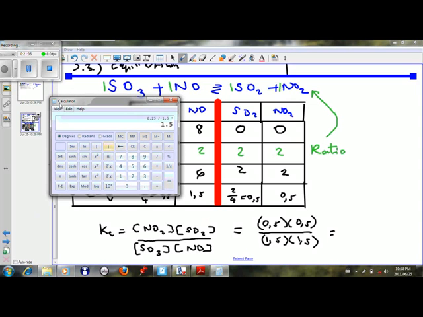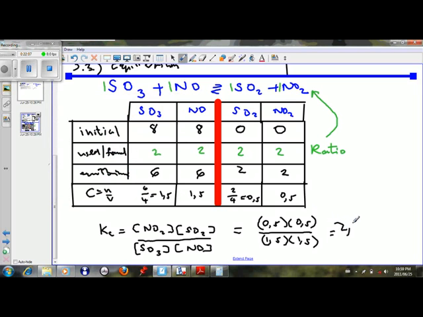Just looking at the calculator again, 0,5 multiplied by 0,5 divided by 1,5 multiplied by 1,5, close brackets, and we see that we get an answer of 2,25, and that will be the final answer, which I will just check with you now. Let's just write this down, 2,25, and that will be the Kc value.